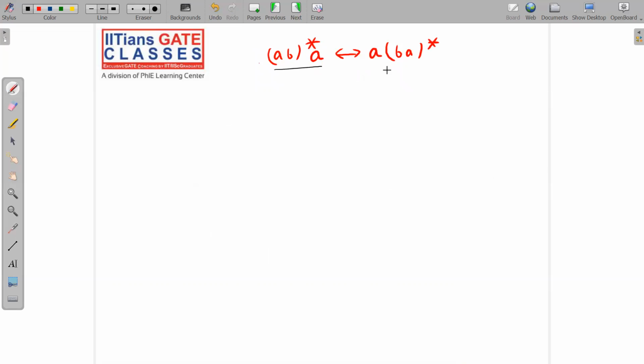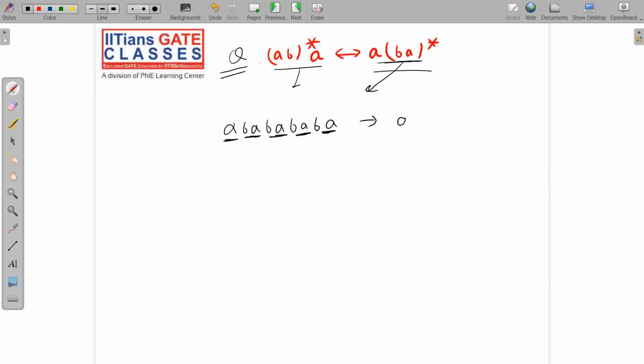Next, (AB) star A and B (AB) star... sorry, A (BA) star: are these two equivalent? This is the question. On first look, you will think obviously these two are not equivalent. But if you try to expand it, from the first I can take AB any number of times, say AB four times, ABABABAB, and then it ends with A. Now the same string can be represented another way: take the first A, then BA, BA, BA, BA.